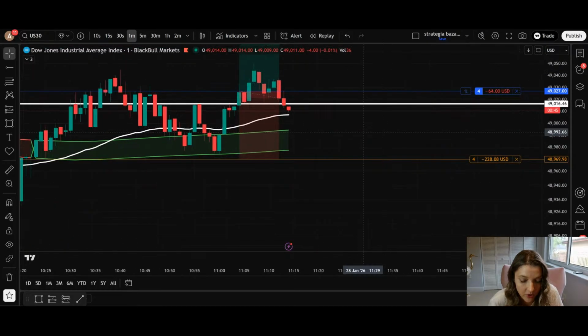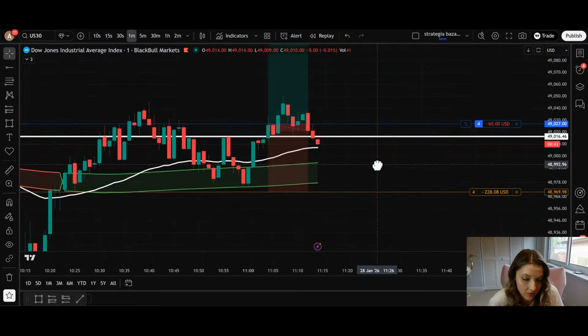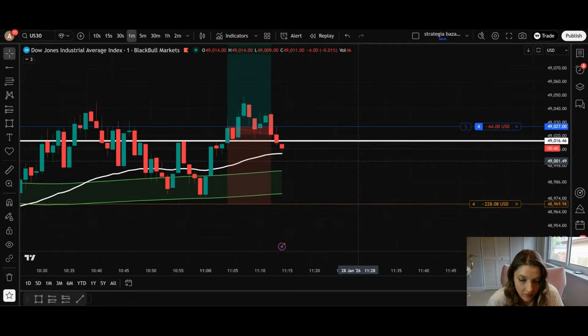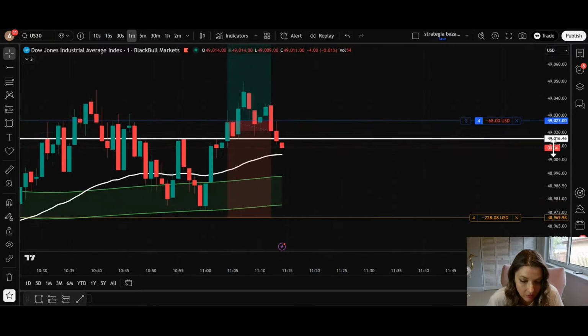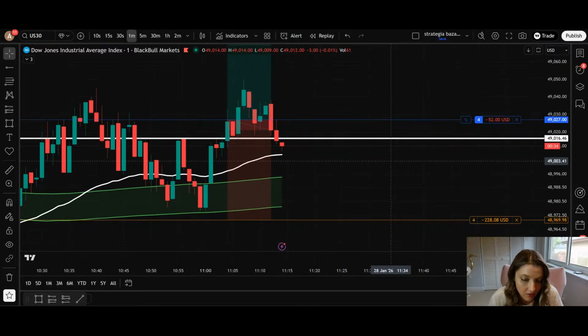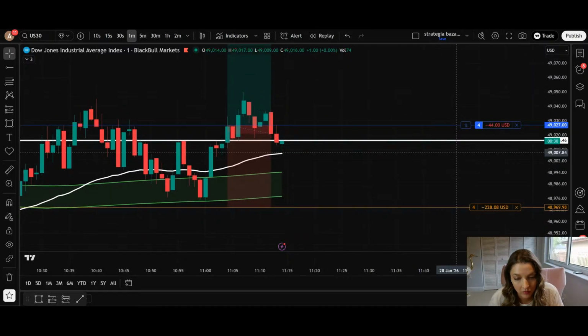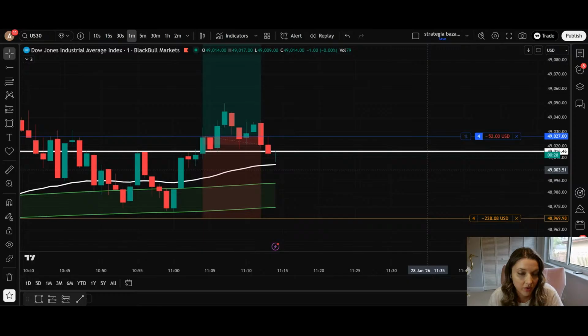It's about how much you're risking per trade. Because even if I was to put my stop loss right here, I still wanted to risk $200 or so on a trade. I will just have a bigger position. It's about how much you risk per trade. 1%, that's what it's about.